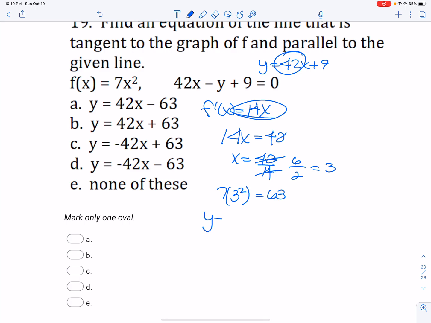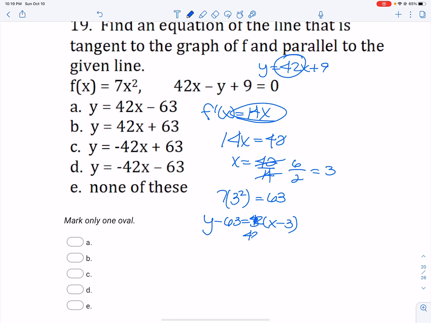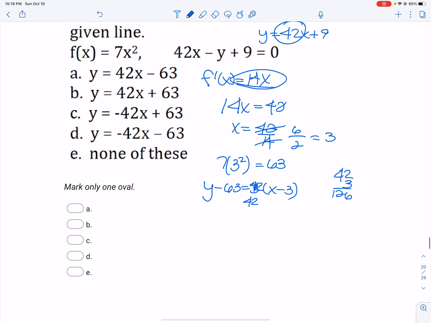So y minus 63 is equal to 42 times x minus 3. 42 times 3 is 126.